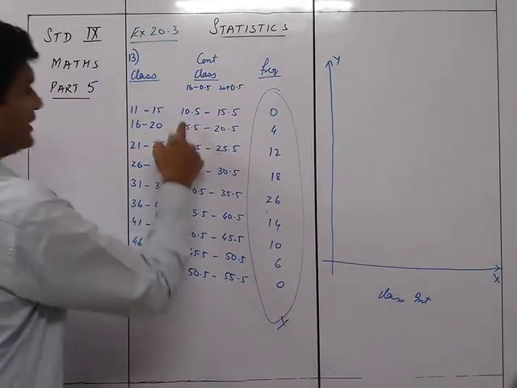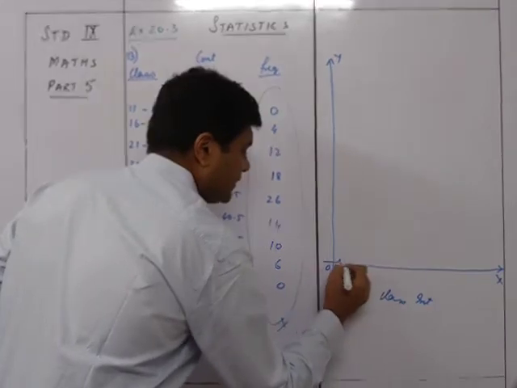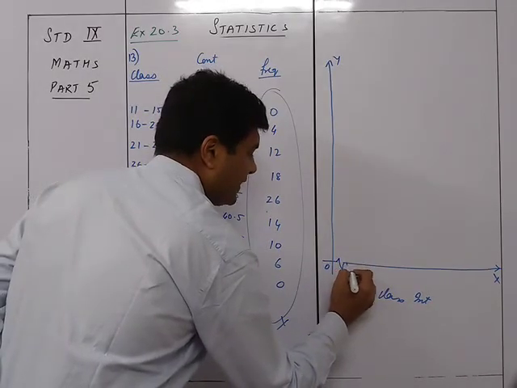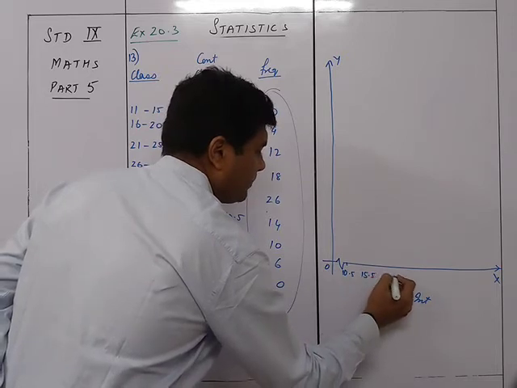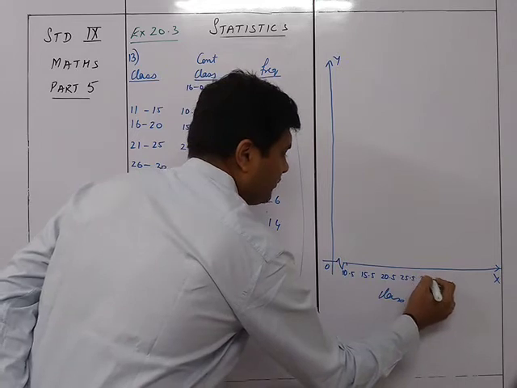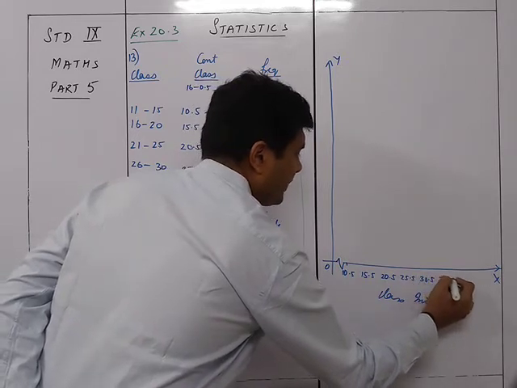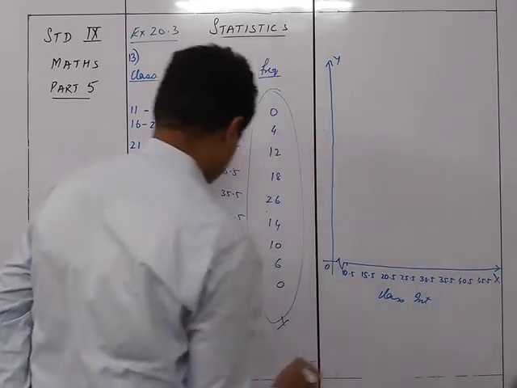Now class interval starts with 10.5, so I put a kink over here and start with 10.5, 15.5, 20.5, 25.5, 30.5, 35.5, 40.5, 45.5.